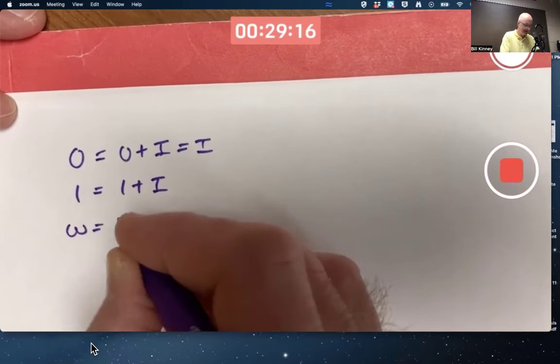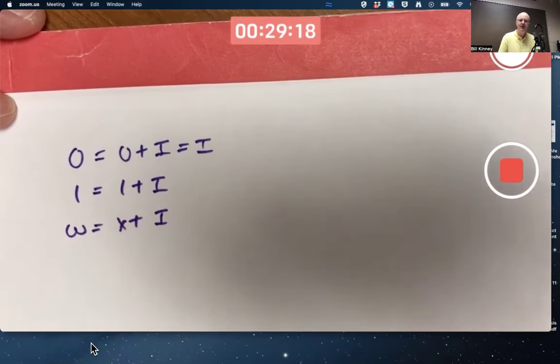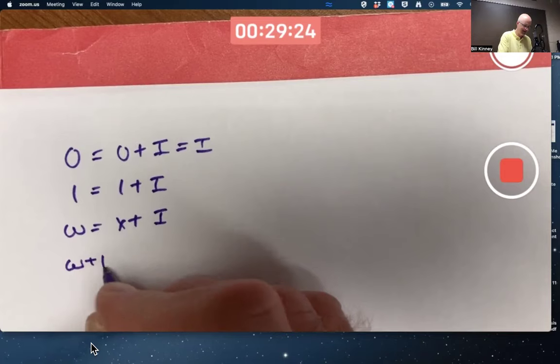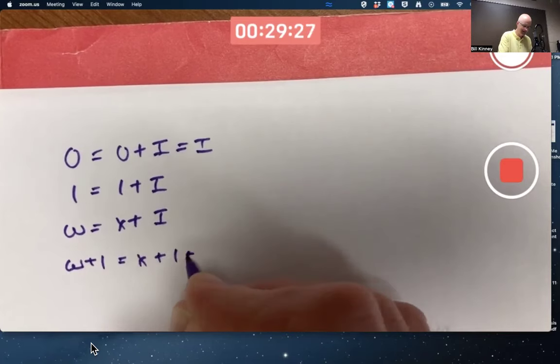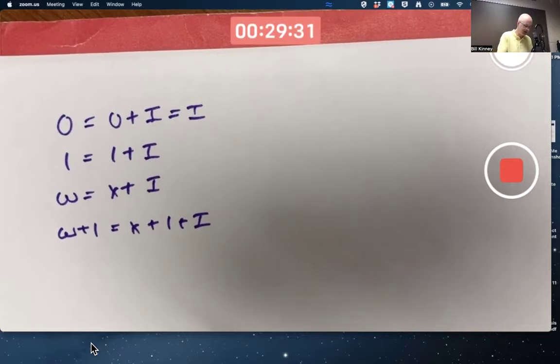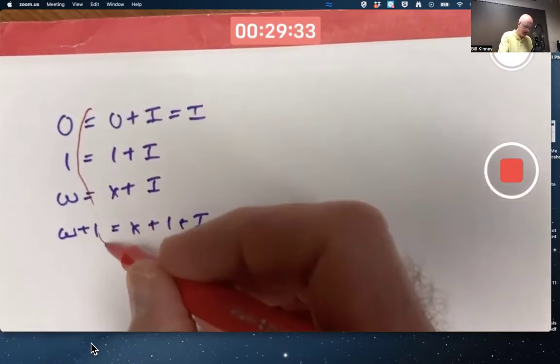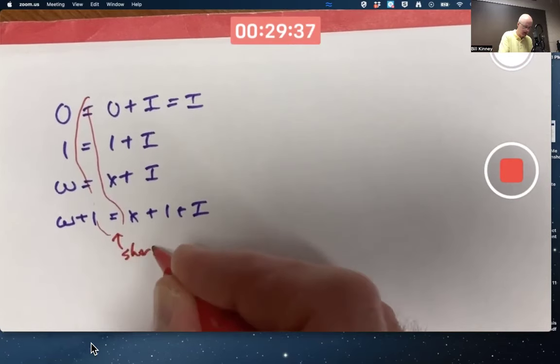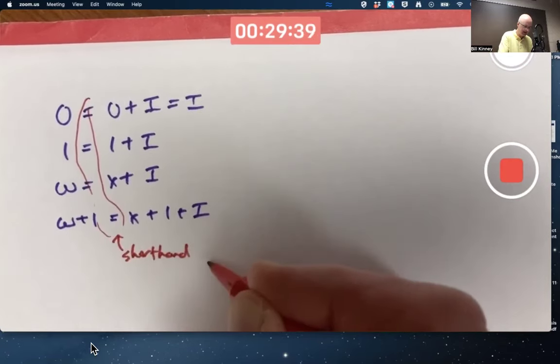Omega is x plus I. What would be the other coset? X plus 1 plus I. How about omega plus 1? Effectively, just shorthand notation is what these equal signs mean. I'm defining these symbols in this way.